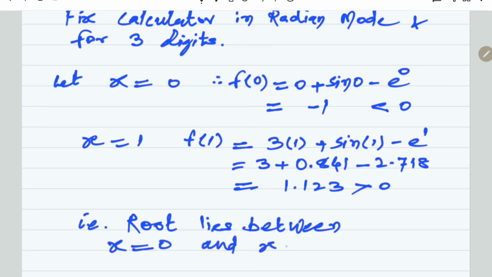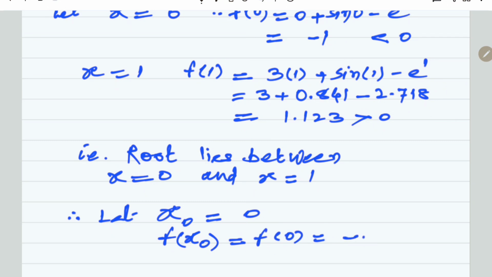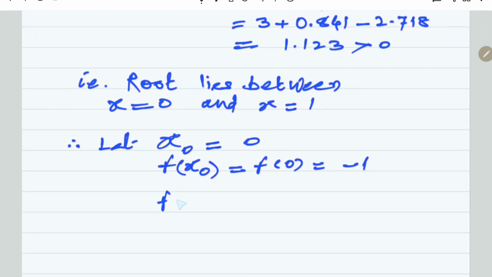Out of these two, we have to consider one as x0. Here I am considering x0 as 0, for which the function value is minus 1, which is nearer to 0 than 1.123. Then f of x0 is minus 1. Then we require f dash of x0.